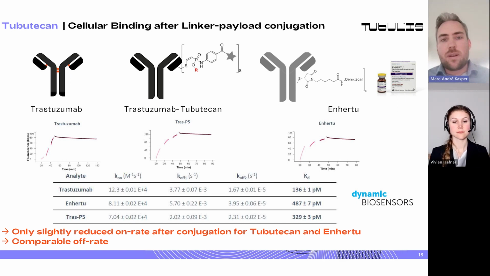And even though we compare ourselves with a material which could go into the clinic, we still have a better KD compared to Enhertu with a material that we generated in our labs at Tubulis. So we were very pleased to see this data, and we could take it with a lot of confidence because we knew it was measured not in an ELISA setting with isolated protein, but really in the native environment of the cell.